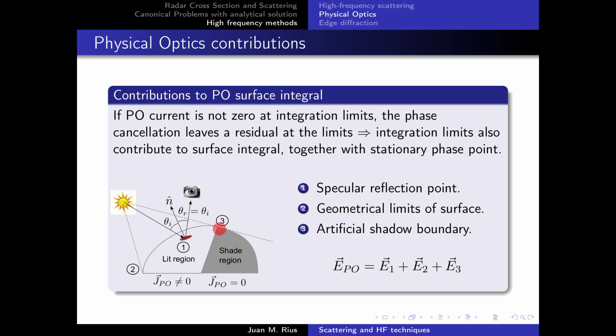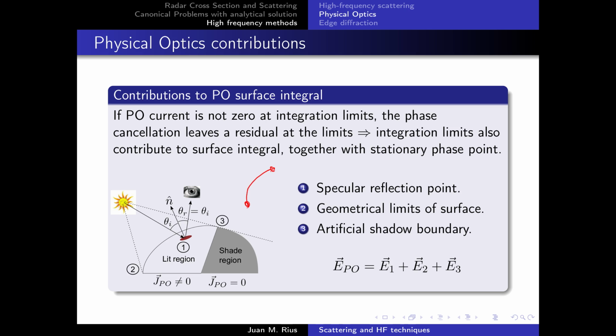So this is an abrupt transition between the lit region and the shadow region, and this limit of the integral is not a limit corresponding to a physical termination of the geometry. Like, for example, imagine that you have a curved plate. You have a plate here, and the plate terminates here, and the plate terminates here, okay? This is the physical limit of the plate. This is contribution number 2.